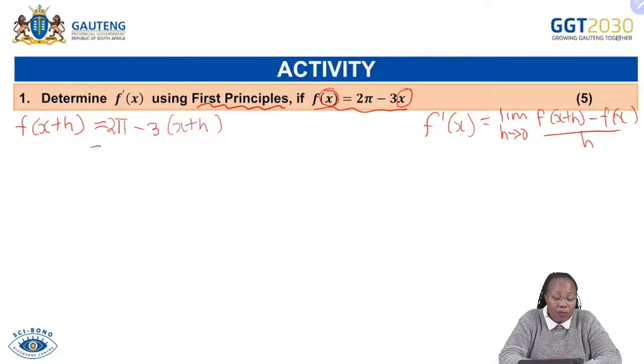Right, and then simplify, remove brackets. It will be 2 pi minus 3 times x minus 3 times h, that is 2 pi minus 3x minus 3h. That is our f at x plus h.